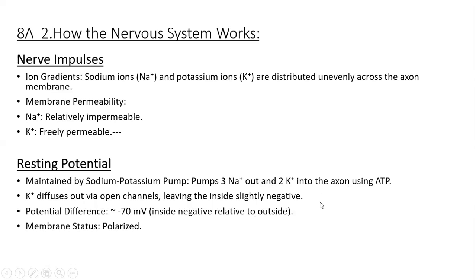Inside the neuron you get a negative charge. Did you understand that one? That's why potassium diffuses outside via the open channels, leaving the inside slightly negative.